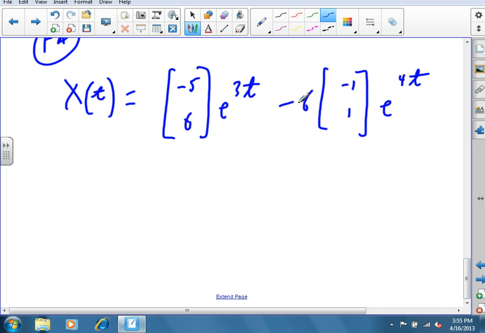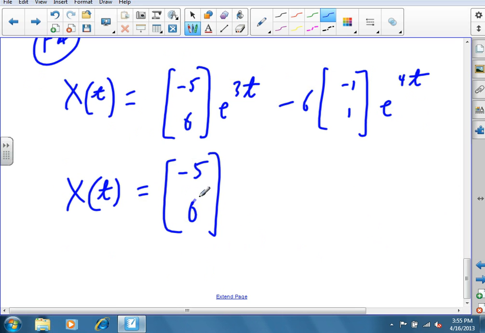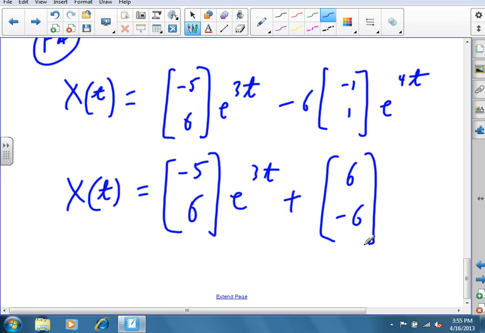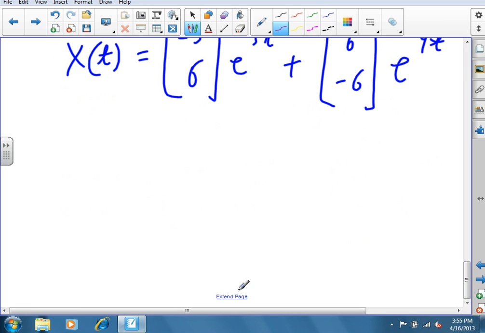And I'd probably bring that minus 6 inside. So I'd say x of t, new final answer, minus 5, 6, e to the 3t plus 6, minus 6, e to the 4t. And now we'd start checking our work.